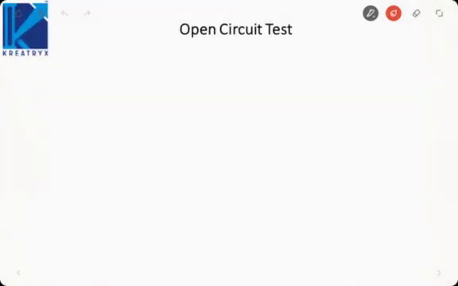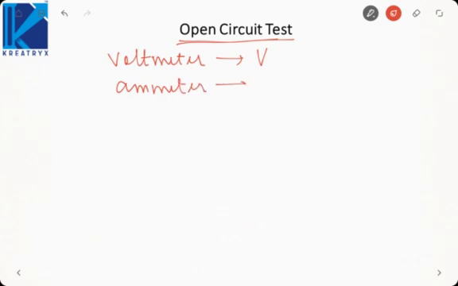Now we have three readings as per the connection. One is the voltmeter reading, let us say V. The ammeter will read I0, and since we have only shunt parameters, the wattmeter will read constant loss.